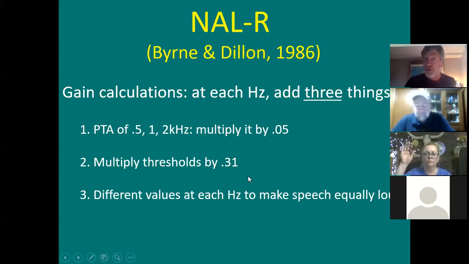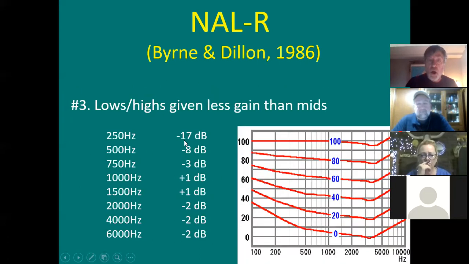They took the threshold at 250, multiplied that by 0.31, added it to this. And then they took these two things, and then they looked at this table here and they said, oh, and now subtract 17. Okay, whatever that is, that's the target gain for 250 hertz.